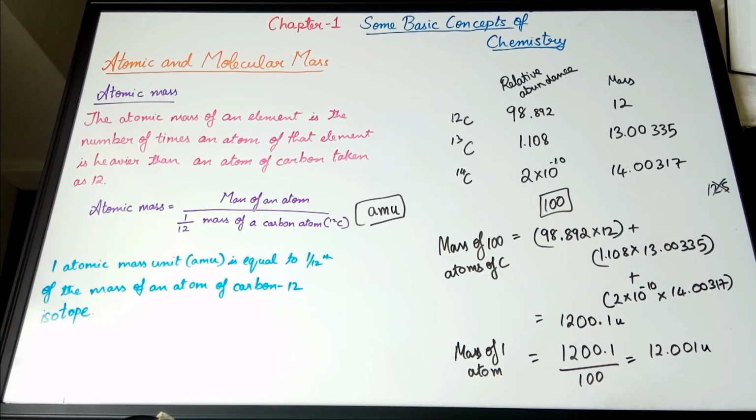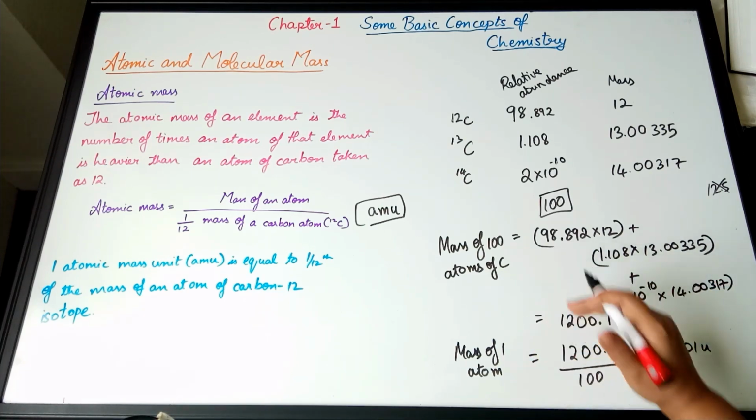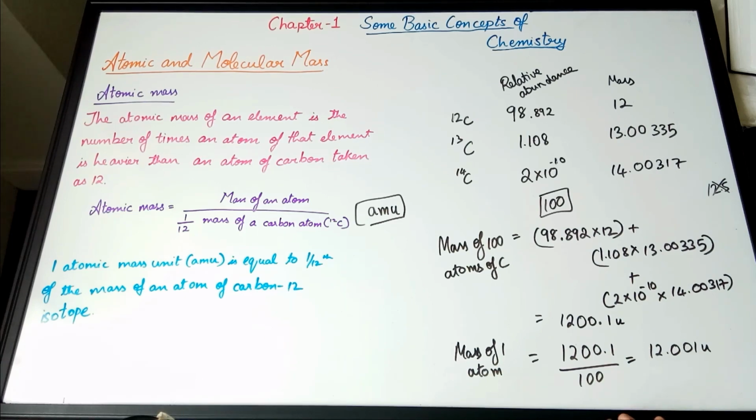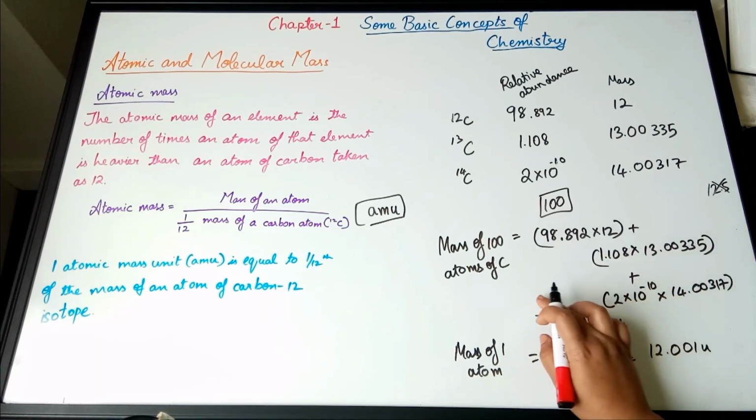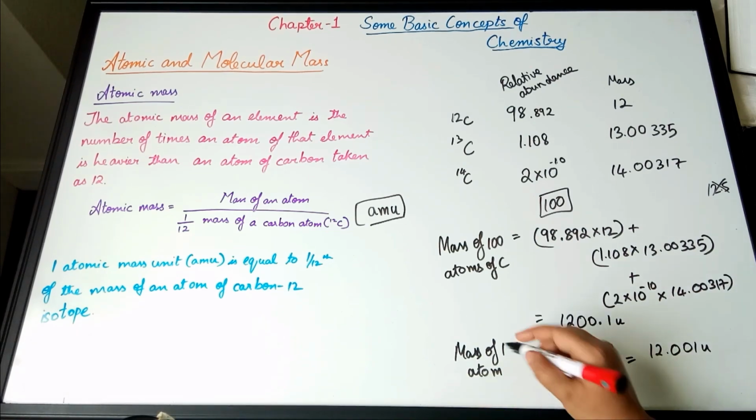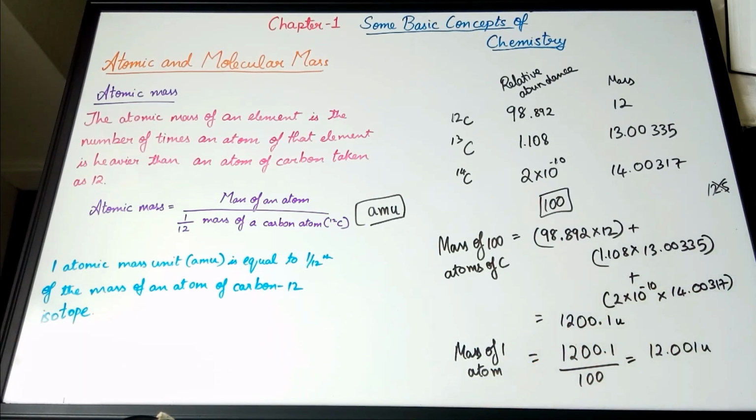The reason I showed it as two separate steps is because you tend to get confused if I had just put a divide by 100 between these. For future reference, if relative abundance is given, you can write this equation and divide it by 100. That will give you the mass of one atom of that particular element.